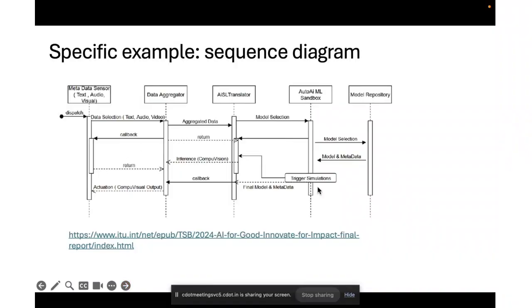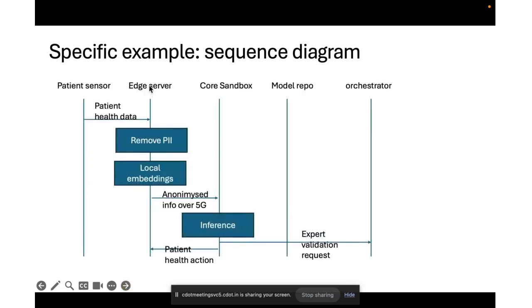So this is a sequence diagram that we went over a little bit last time. And then I drew one sequence diagram in real time, which looked at monitoring the patient health data, pre-processing by removing the personal information, creating some local embeddings, doing some inference in the sandbox, a validation request to the orchestrator, and finally coming back with actions.